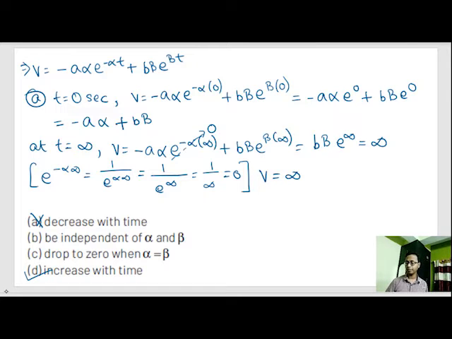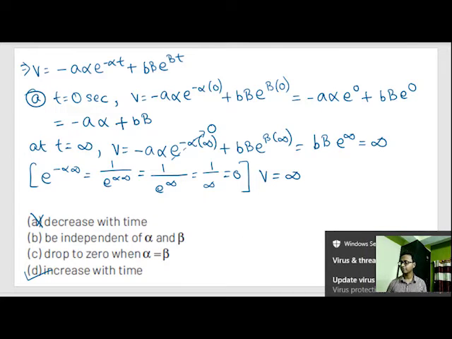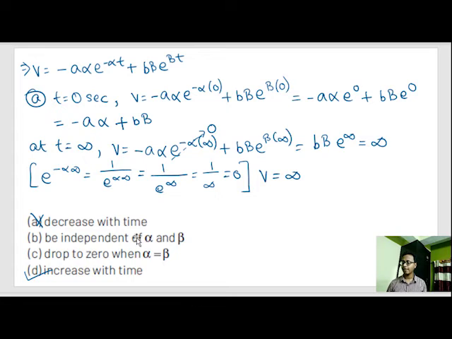Let's look at option number B. Be independent of alpha and beta. That means they are asking whether velocity is independent of alpha and beta. See this velocity. Velocity is equals to minus a alpha e to the power minus alpha t plus b beta e to the power beta t. Are these independent of alpha and beta?